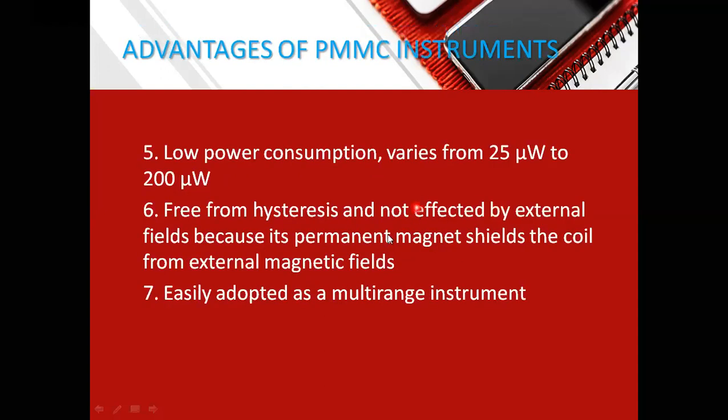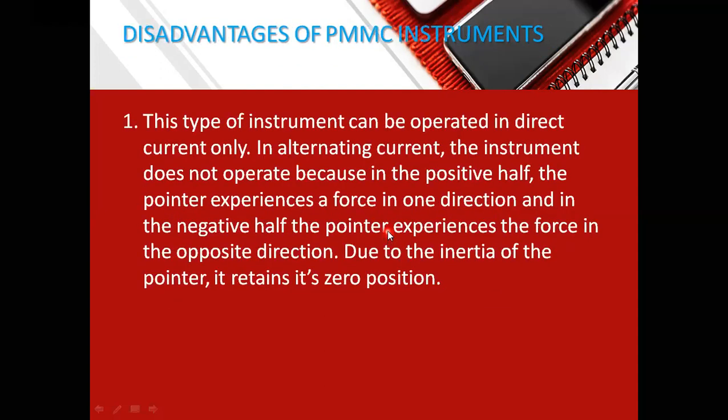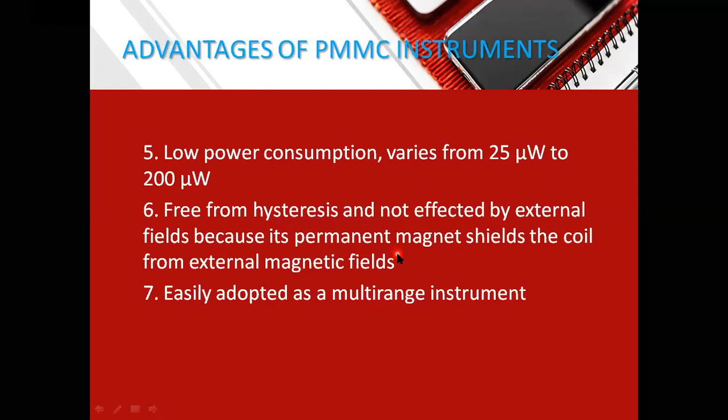Some other advantages of PMMC instrument are, it has very low power consumption, varying from 25 microwatt to 200 microwatt. It is an important characteristic of an instrument that it should not become a load to the circuit.